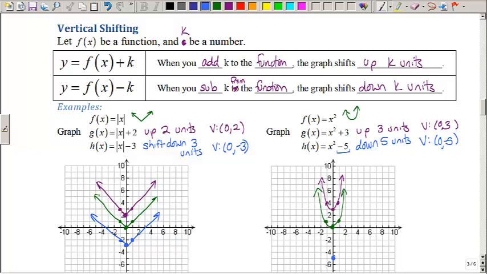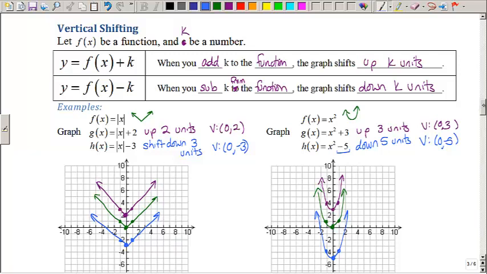If I shift my key points down 1, 2, 3, 4, 5, and again over here, I can see that we have this parent function shifted down 5 units. Another way of getting your key points is if you shift your vertex down 5 units, from your vertex you could get the other points just by going right 1 and up 1, or left 1 and up 1 from that new vertex.